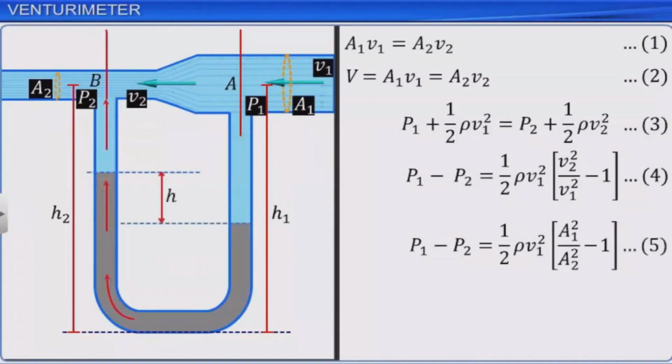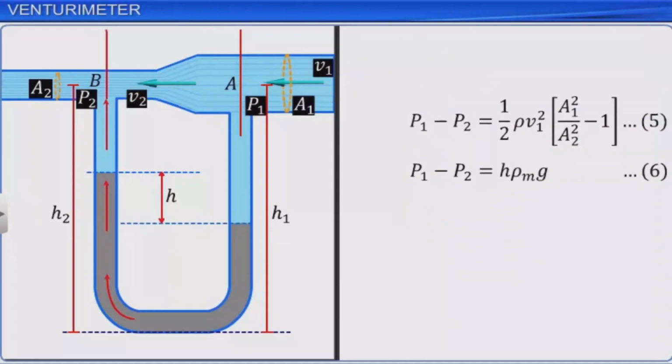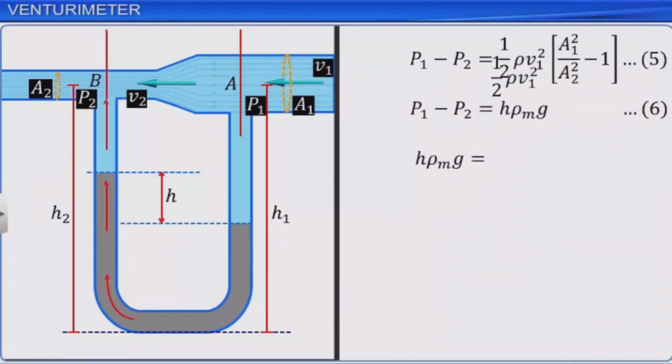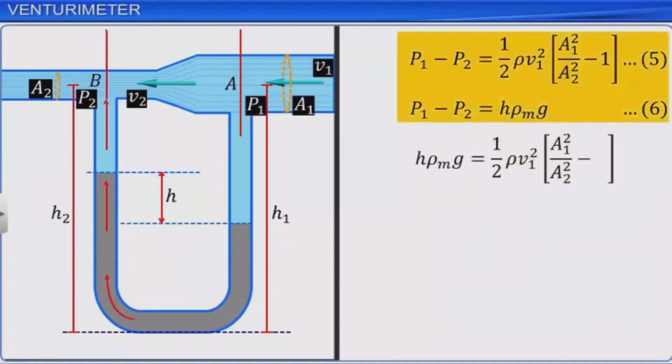The difference in the pressure at points A and B can be measured as the difference H of the liquid level in the 2 arms of the manometer tube. Thus, the pressure difference is equal to H rho m g. Let this be equation 6. From equations 5 and 6, we get equation 7 as shown.